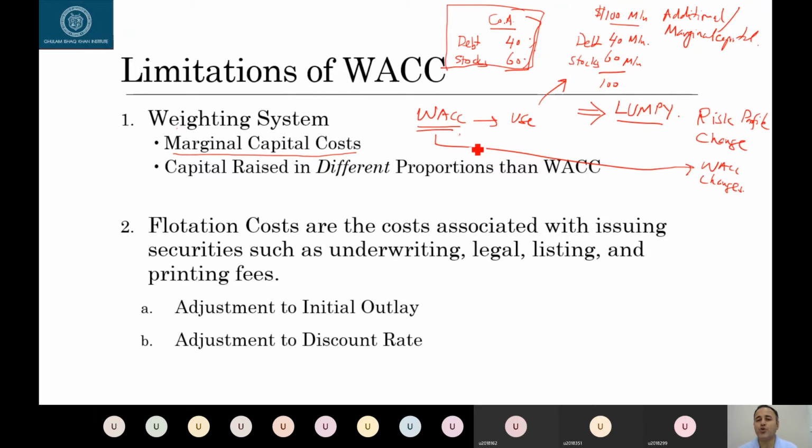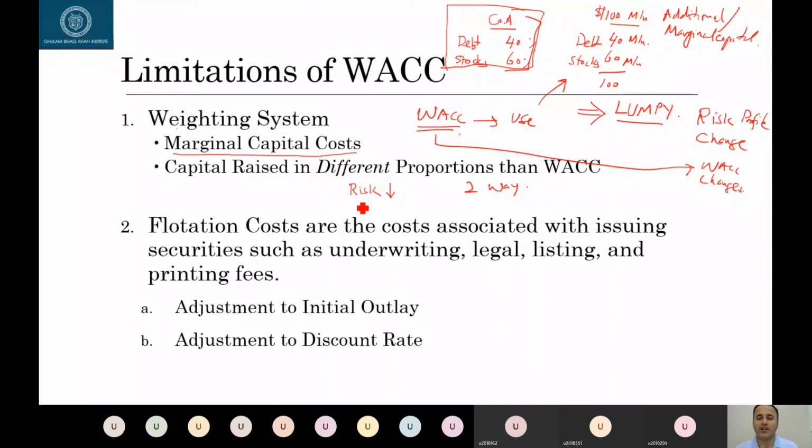And it will not be good in two ways. Okay? So for example, let's say, if by raising the capital, if the risk goes down, because I said the risk profile changes, so it may increase or it may go down. So for example, if the risk goes down, it means that technically we should use a lower WACC. A lower WACC means that a project will be accepted for a certain, let's say, present values that otherwise it would have been rejected.